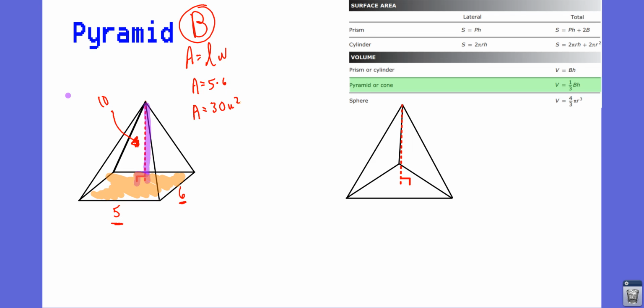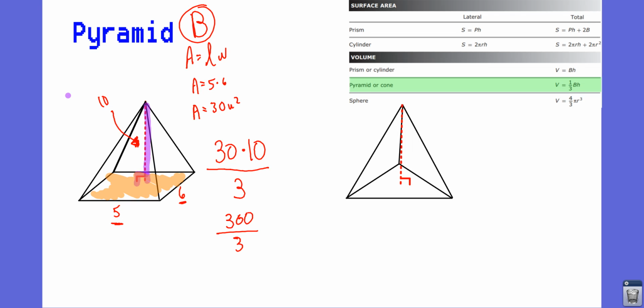Now we can go to the volume formula. Area of the base, which was 30, times the height of the pyramid, which is 10. And then we're dividing that by 3. We're taking 1/3 of it. So we're chunking it into 3 parts and taking 1 part of it. 30 times 10 is 300.